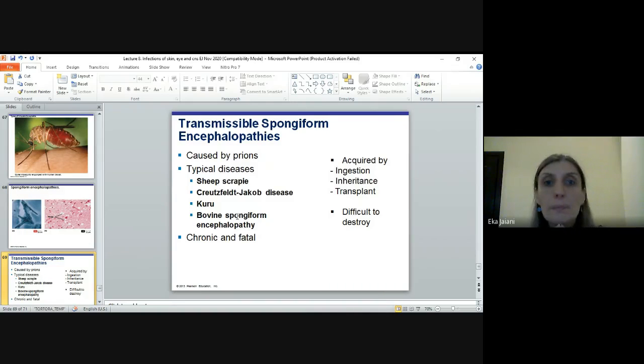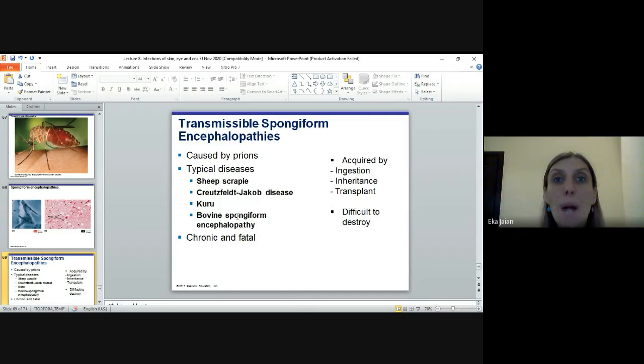And I will tell you the UK story about transmissible spongiform encephalopathies. Firstly, it can lead to disease in animals as well as in humans. How a protein can cause disease, that is surprising. Prion is an abbreviation of proteinaceous infectious particle.